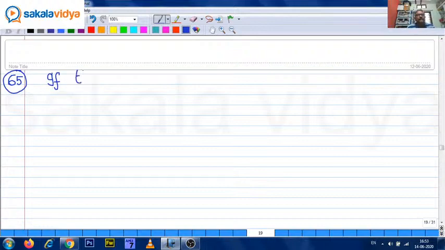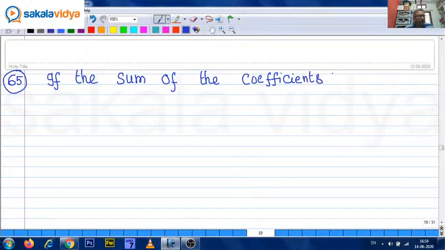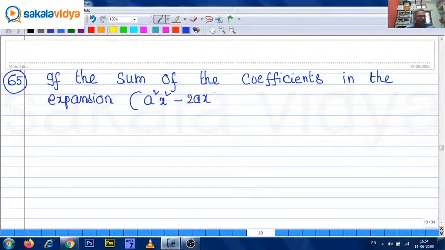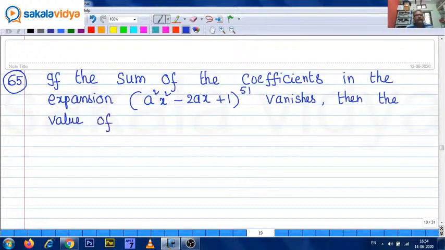If the sum of the coefficients in the expansion a square x square minus 2ax plus 1 raised to 51 vanishes, means becomes 0, then the value of a is.